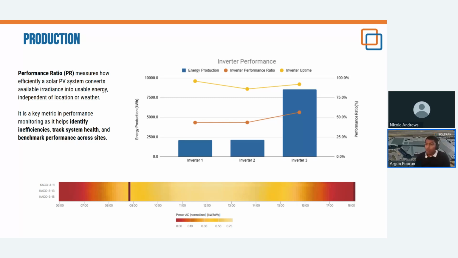The main thing to consider with production is that you have different data sources. You could have meters and you would have the inverters, both speaking to production. Important to consider from the metering side is whether there are RX factors or scaling factors on those meters, that those are correct, and also that the meters are actually available.